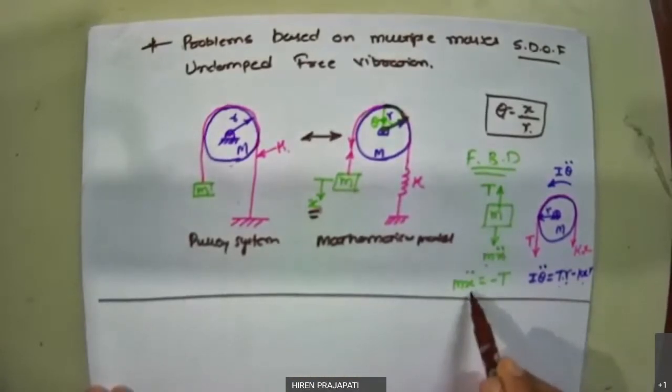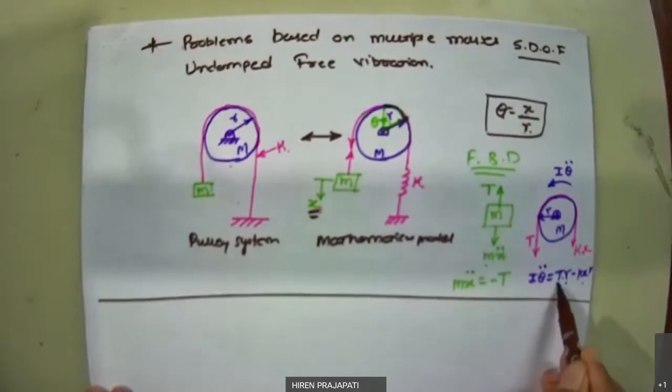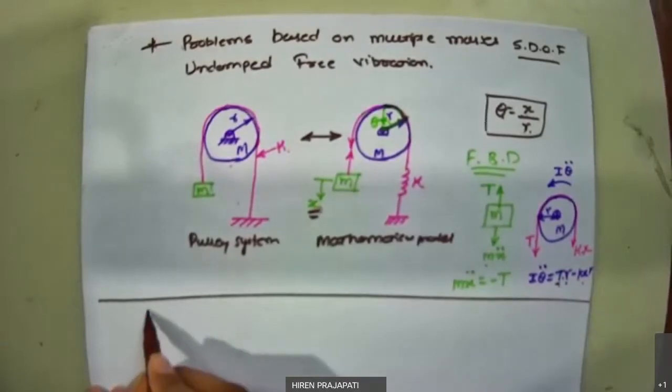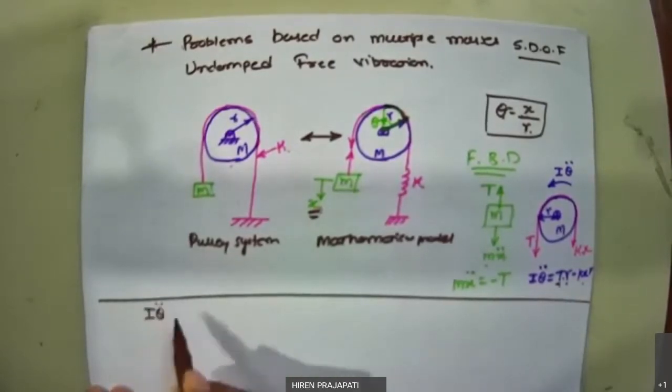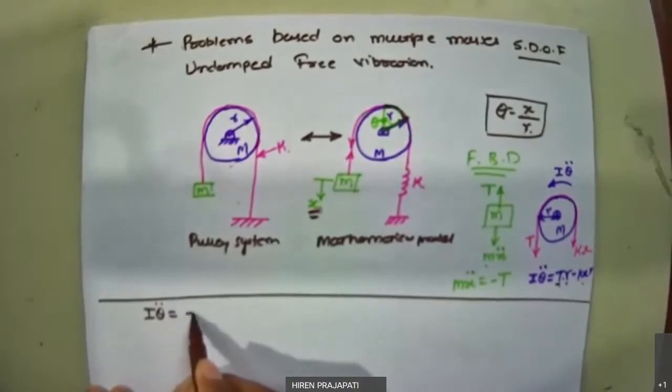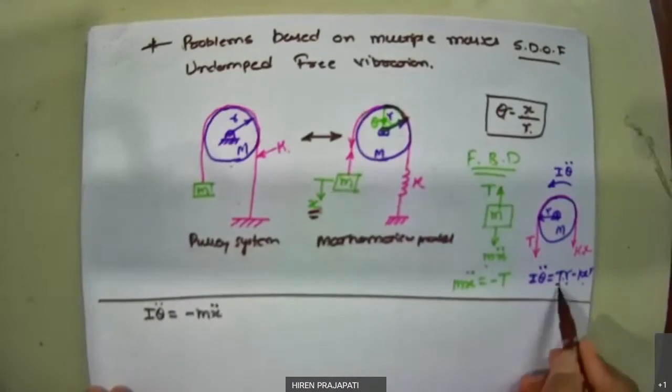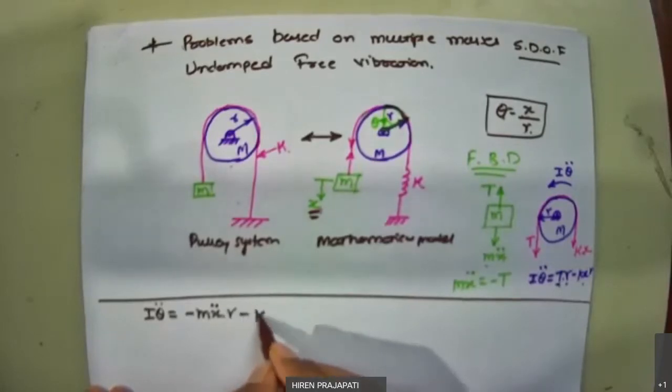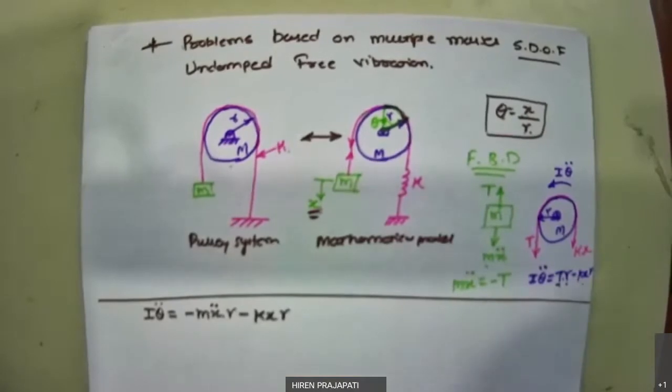From this equation, T is equal to minus mx double dot. So let us put this T equal to minus mx double dot. So I theta double dot is equal to minus mx double dot. I'm putting the value of capital T into R as it is. Minus kxr, right?